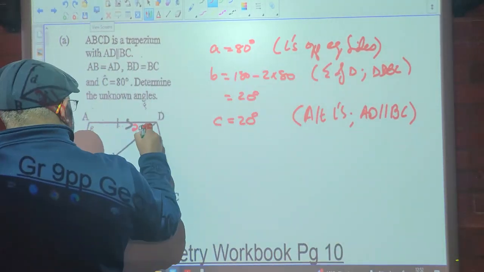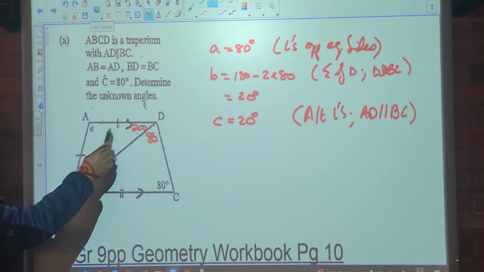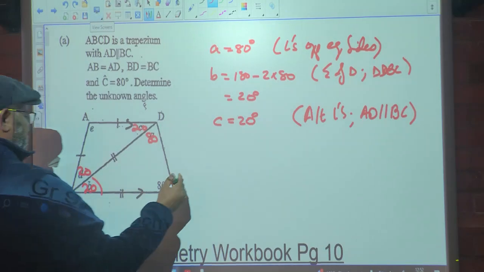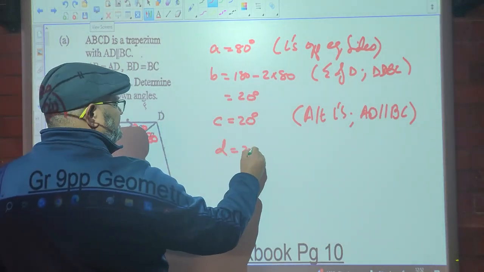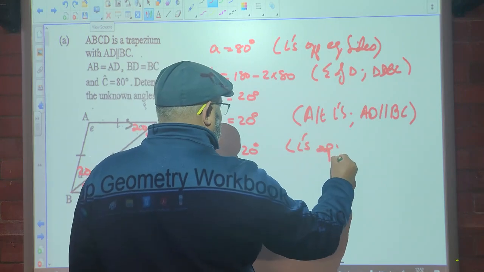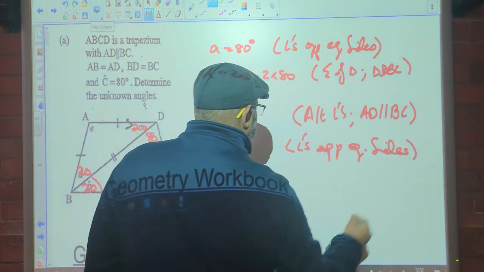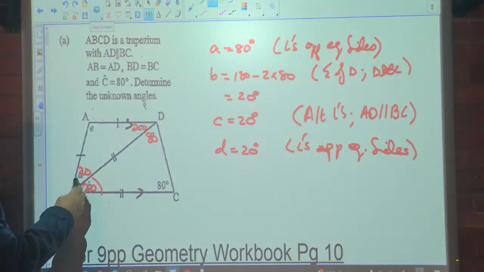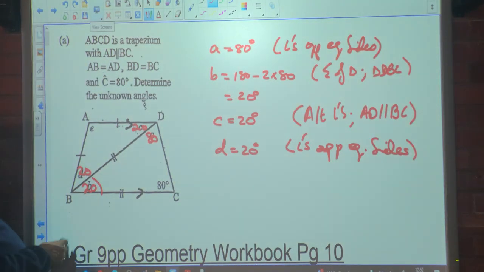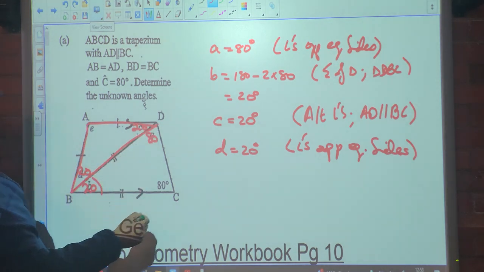Okay. D is 20, angles opposite equal sides. And then E is going to be, we can work this out by using angles in the triangle, sum of angles in a triangle.